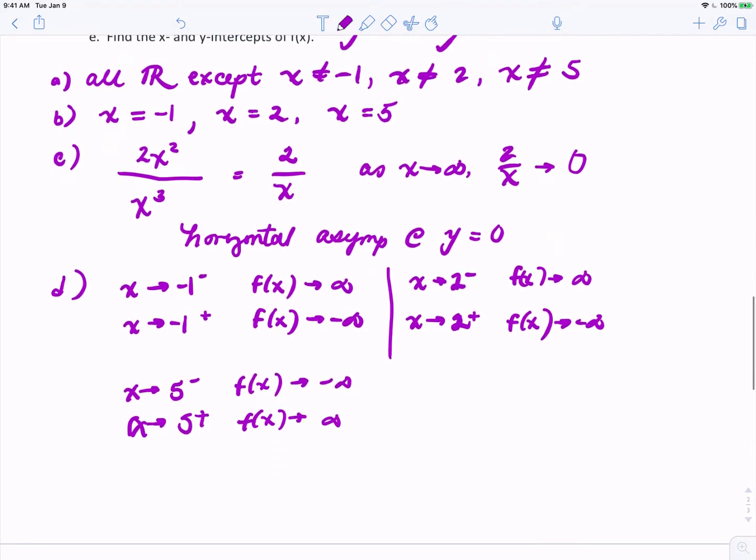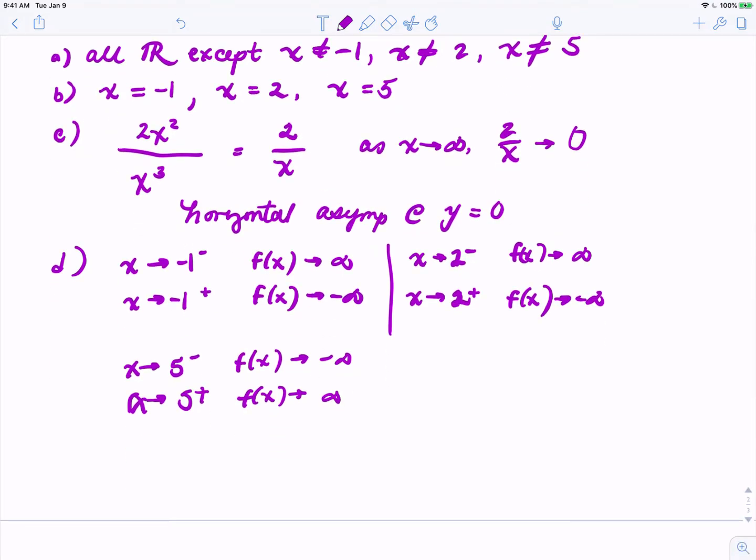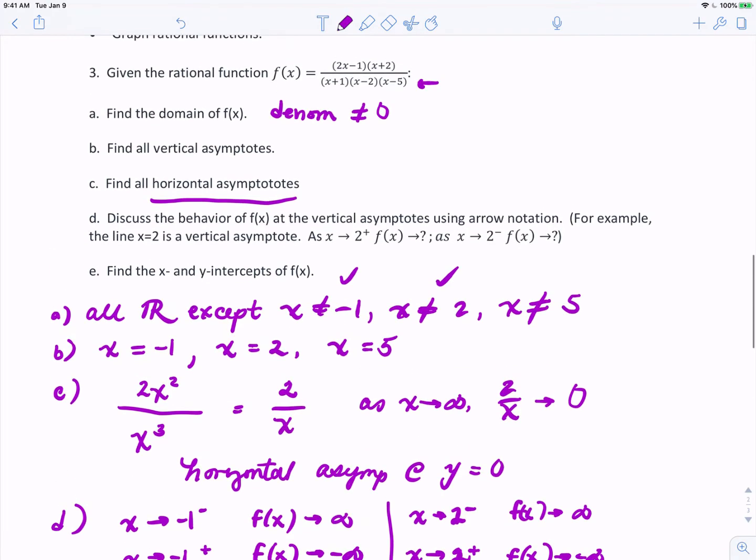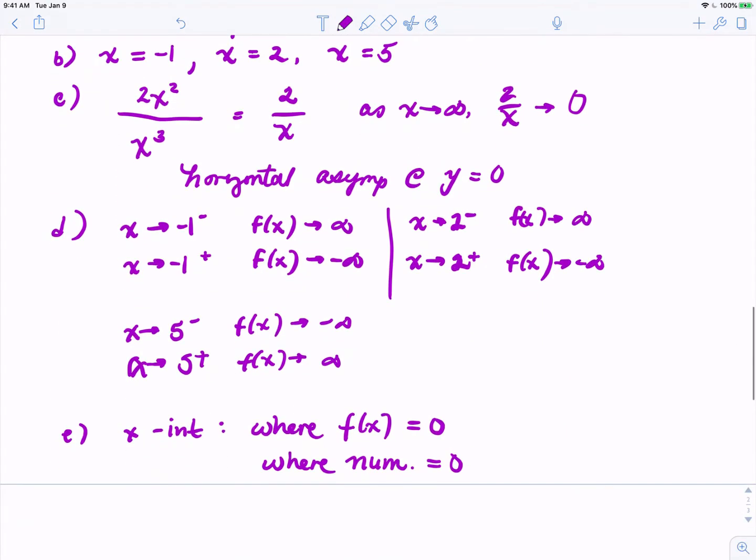Find the x and y intercepts of the function. So the x-intercept is going to be where f of x is equal to 0. And a rational function is equal to 0 where the numerator equals 0. So if we look at the numerator of this function and ask ourselves, when is it equal to 0?